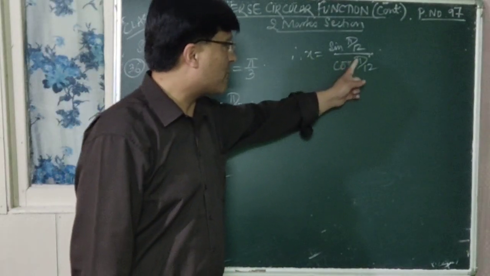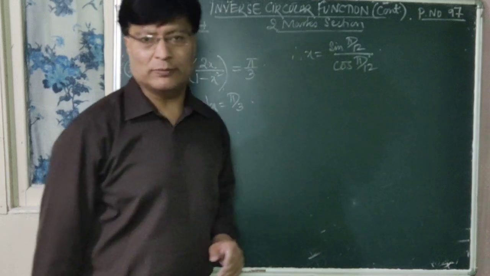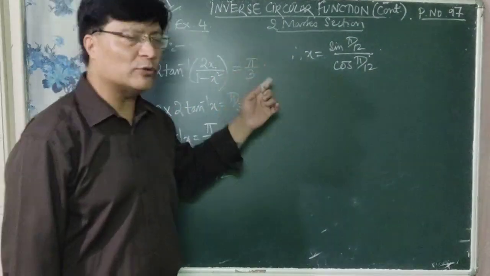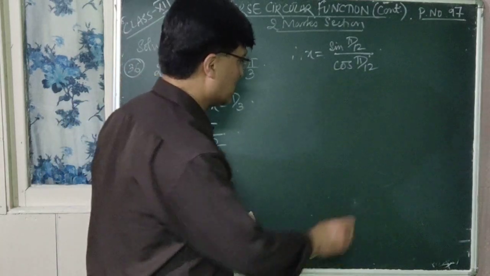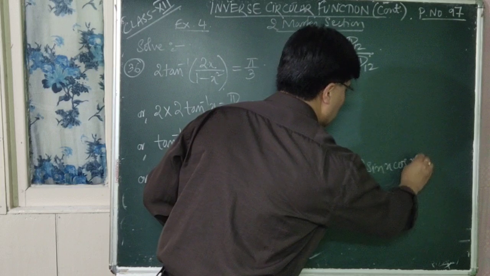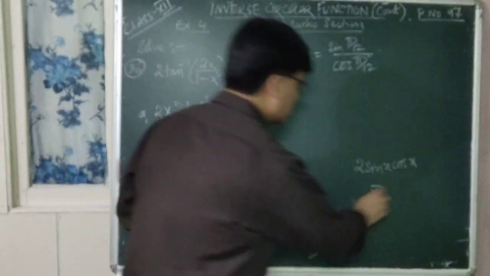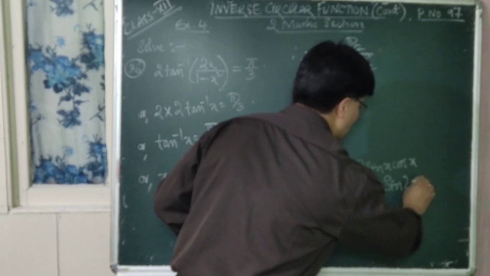If there is cos pi by 12 in the denominator, multiply it by 2 sine pi by 12, so that you can write it in the form 2 sine x cos x. This formula is from multiple angles, isn't it? What is 2 sin x cos x? It is sin 2x.